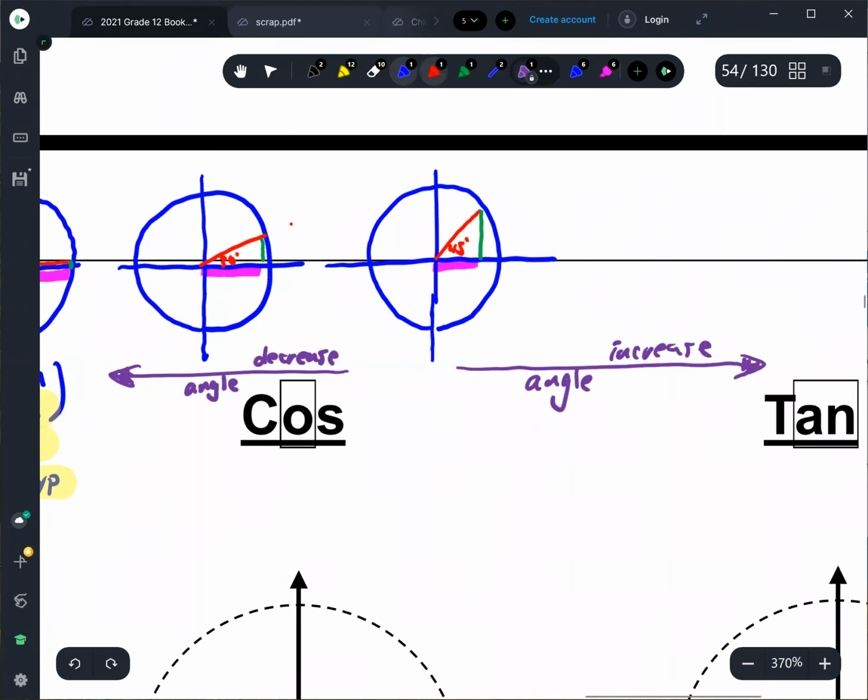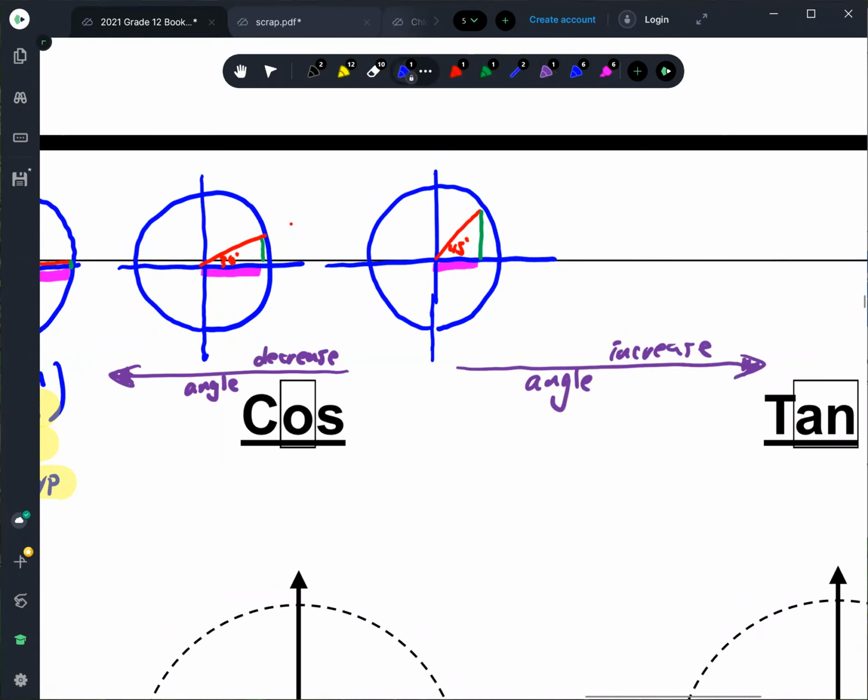Okay, and then we keep on making it bigger. So this time, let's go to 60°.